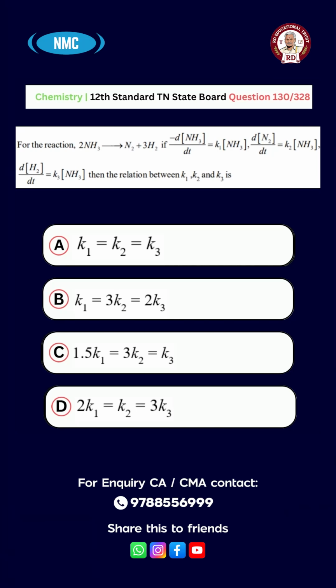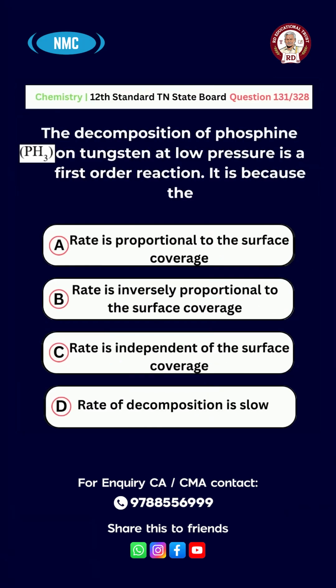Option B, K1 equal to 3K2 equal to 2K3. Option C, 1.5 K1 equal to 3K2 equal to K3. Option D, 2K1 equal to K2 equal to 3K3. The correct option is option A, K1 equal to K2 equal to K3.